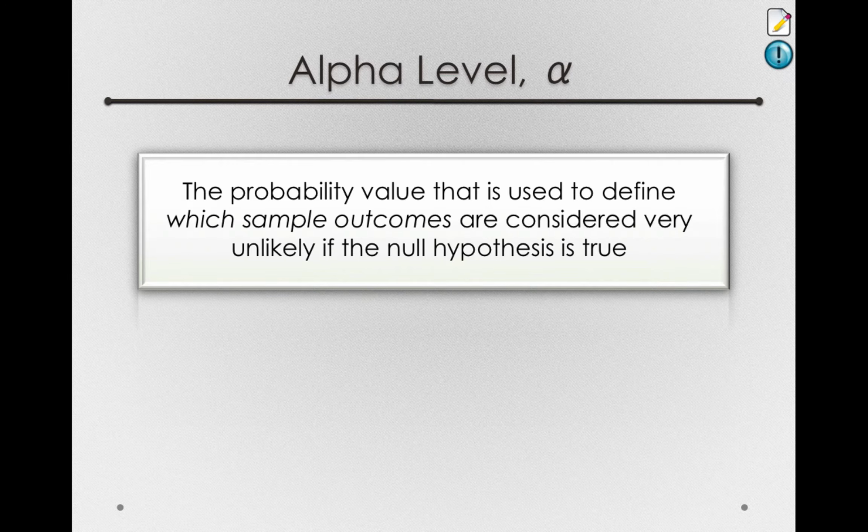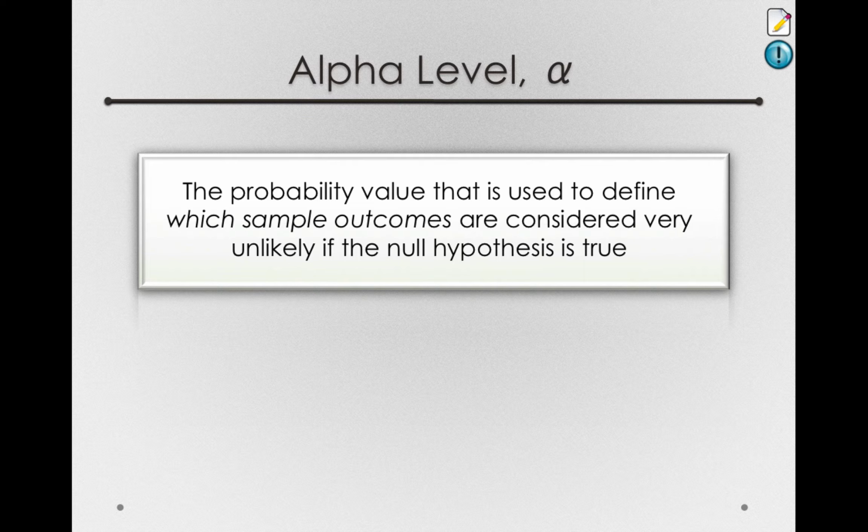The reason for doing this again is that if we get a sample that's in one of those regions, one of the regions that are very extreme, that will be leading us to reject as reasonable the null hypothesis. So selecting an alpha level is a very important thing and something not taken lightly by statisticians.